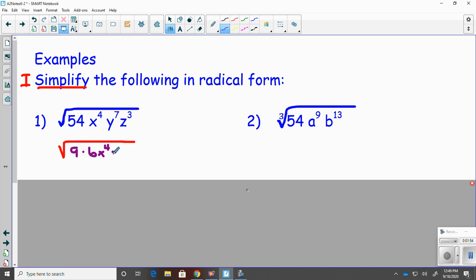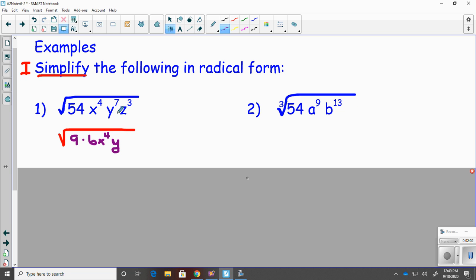On the y to the 7th, we cannot divide 7 by 2 and it be a nice number. So right now would be a good time to show a different way to write y to the 7th. Y to the 7th can be written as y to the 1st times y to the 6th, y to the 2nd times y to the 5th, y to the 3rd times y to the 4th.